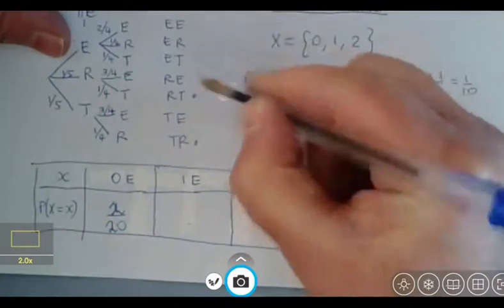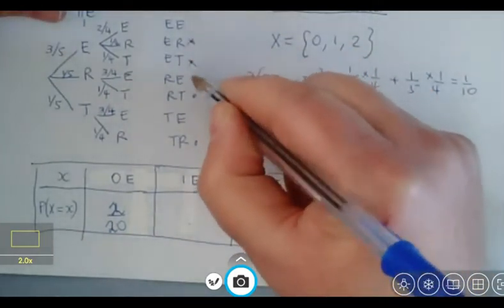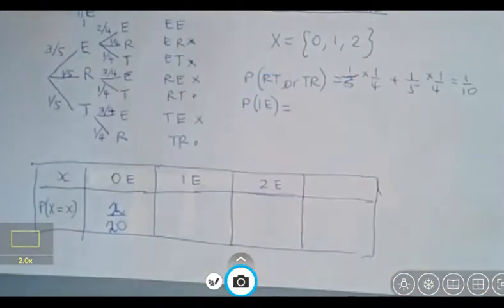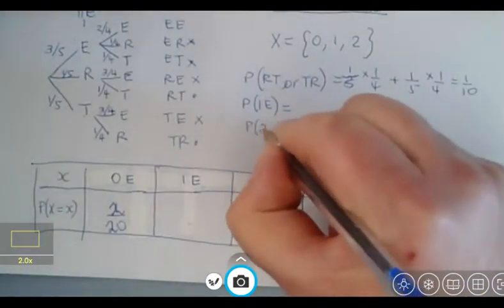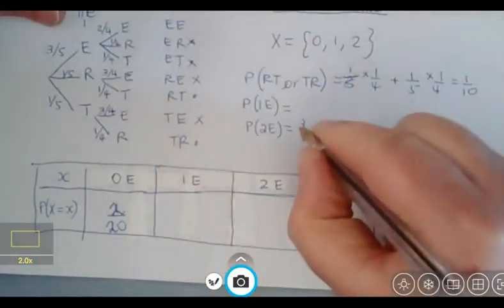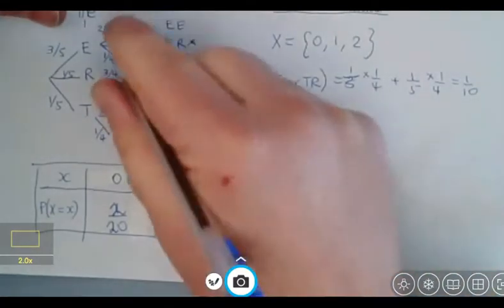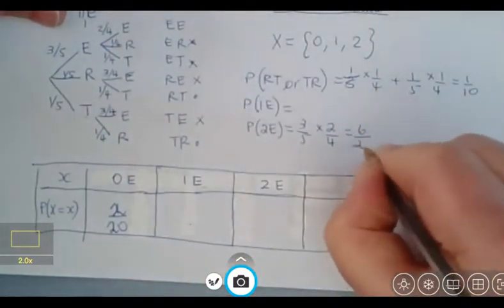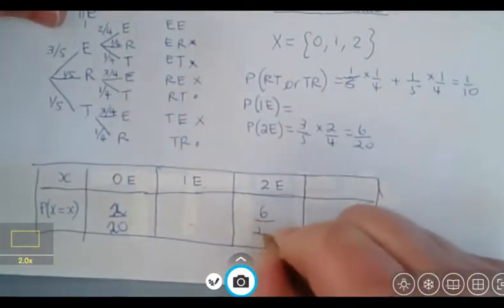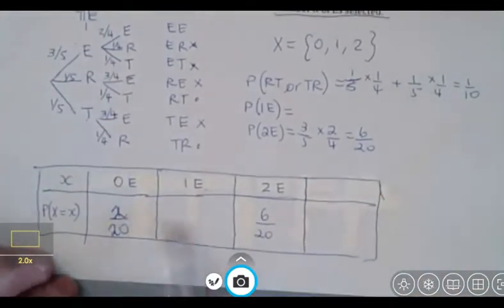Now that would be this. So there's a few of those, 1, 2, 3, 4 of those. Or why don't we look at the probability of 2 E's as well. We might do the EE first, which is 3/5 times 2/4, which is 6/20. And we're hoping that 6 plus 2 is 8, and we're hoping that this is 12/20.